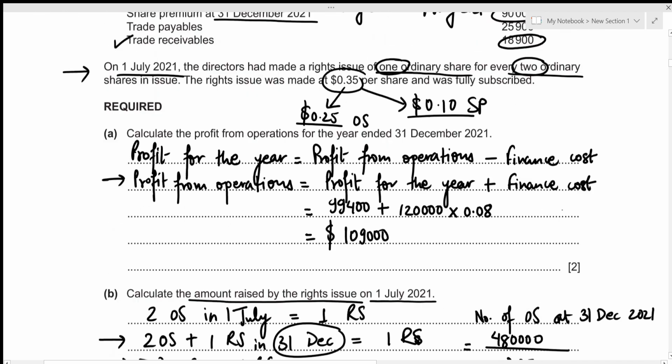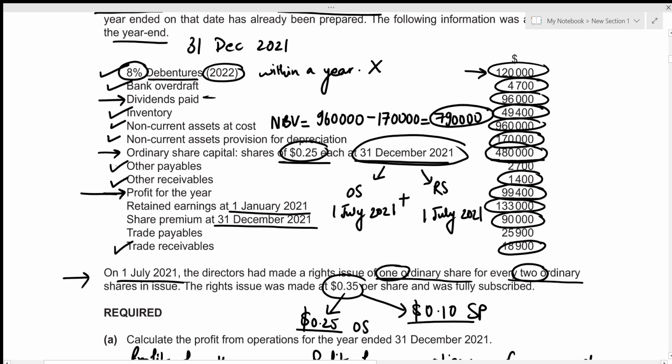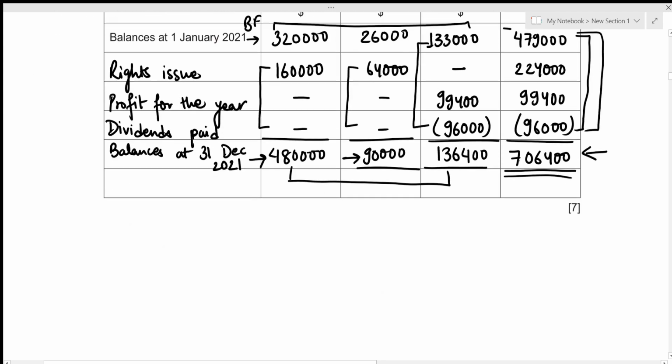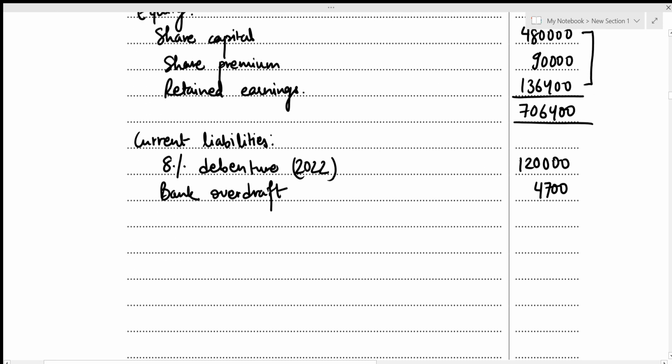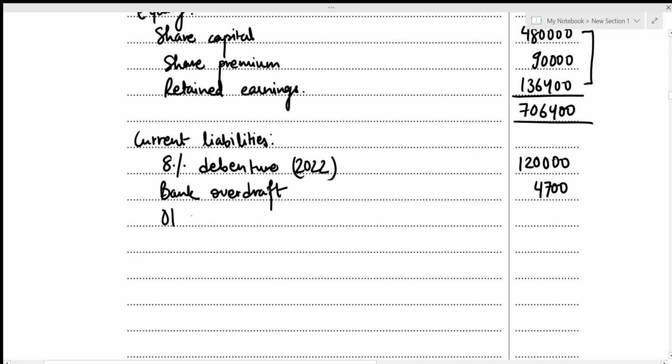Let's have a look above again. We have other payables. Payables are always liabilities amounting to 2,700. So let's record this value as well. That's other payables with the amount 2,700.